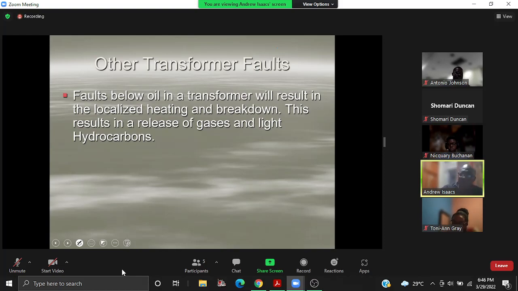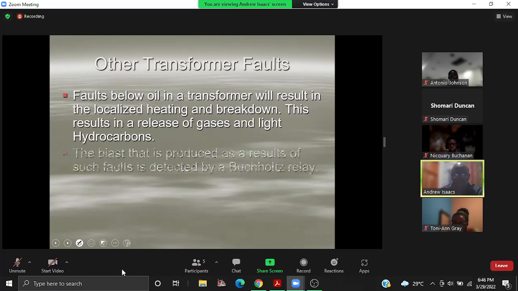So on the transformer, there's a little pipe at the side where you can release some of the oil for testing. And that is a test that is done quite regularly as part of the maintenance process, to release the oil and look at it to determine whether or not you're having any fault occurring. Okay, so you have already looked at the Buchholz, so I don't need to address that tonight.